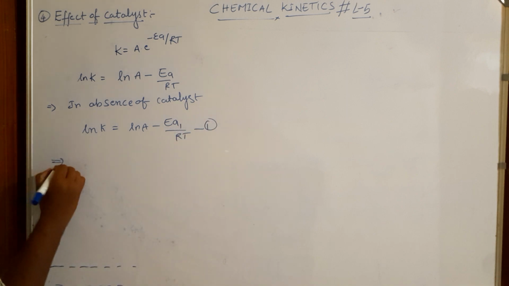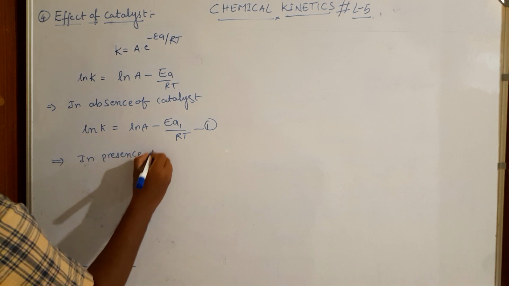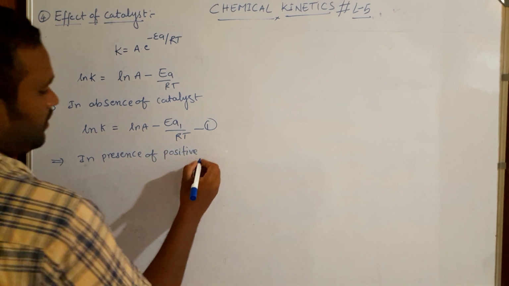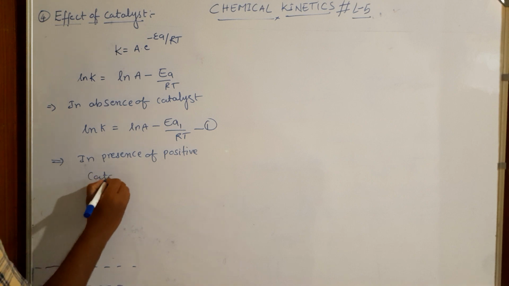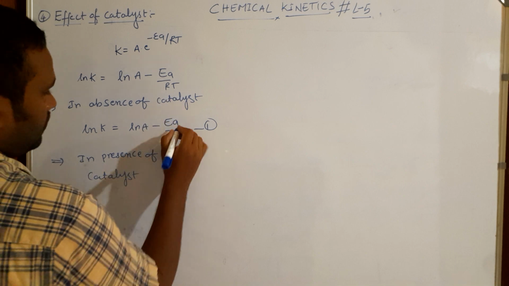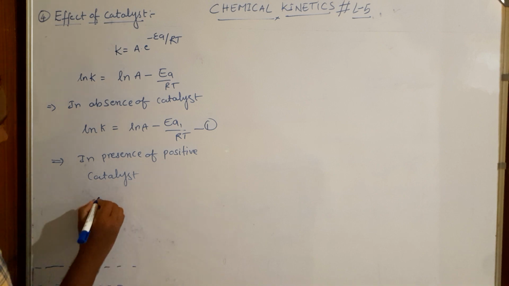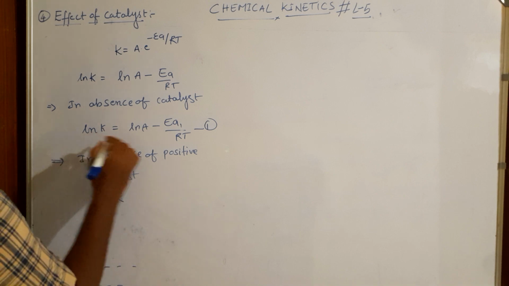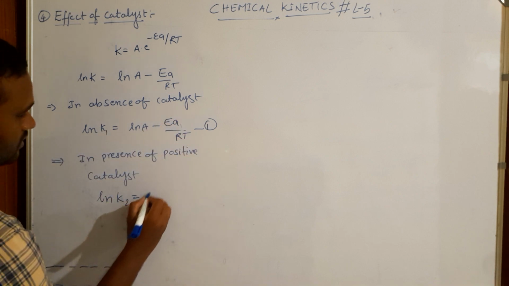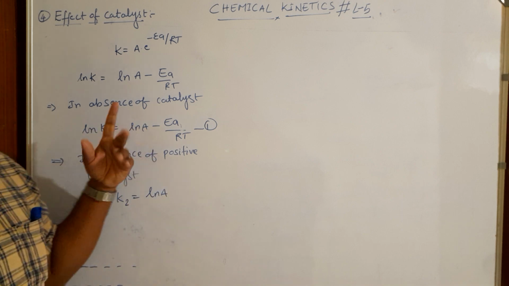And in the presence of positive catalyst, ln K2 is equal to ln A minus EA2 by RT. Here ln A is the Arrhenius factor, or pre-exponential factor.